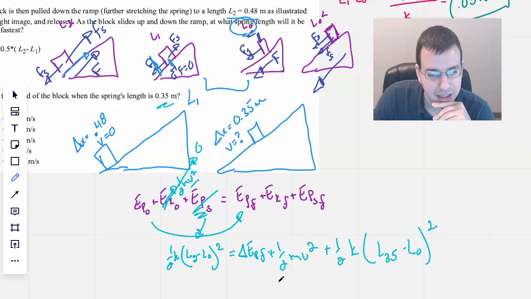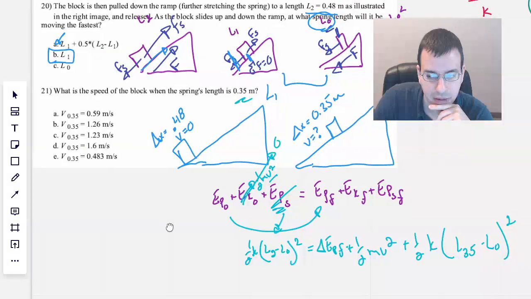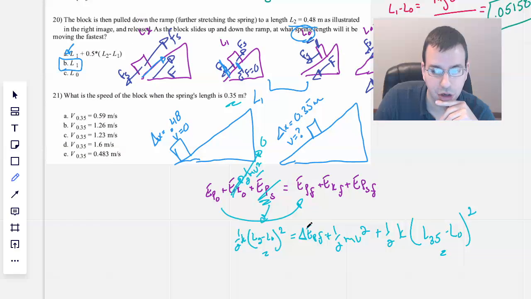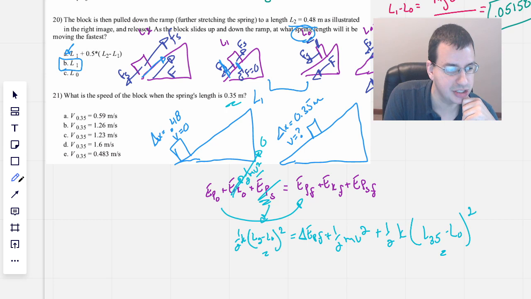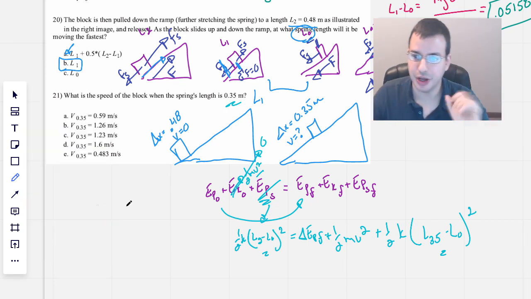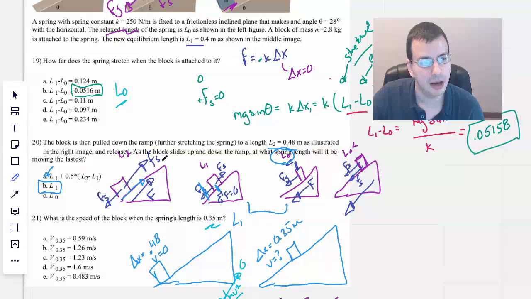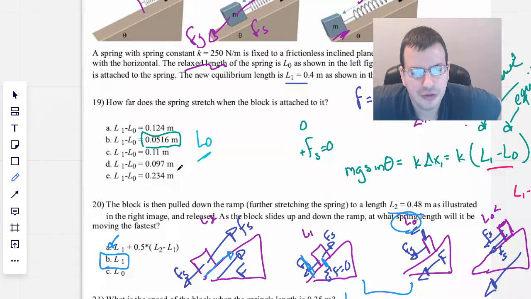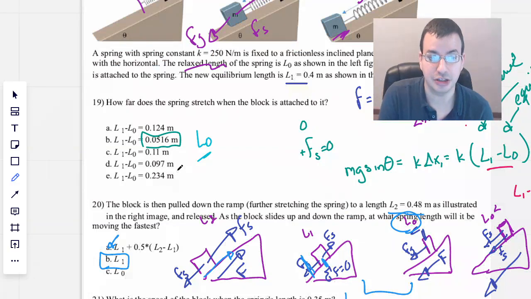And so we can find this value and we can find that value. To do that, though, we're going to have to find L0. There might be a way of working this around without finding L0, but I think it's probably easier and simpler and intuitively makes more sense if you think of everything in terms of the relaxed length of the spring.